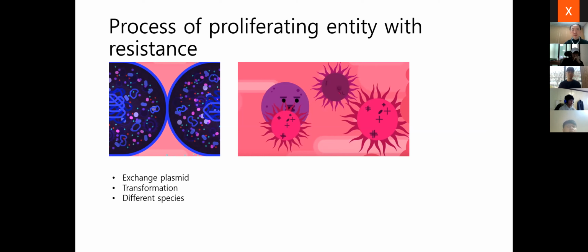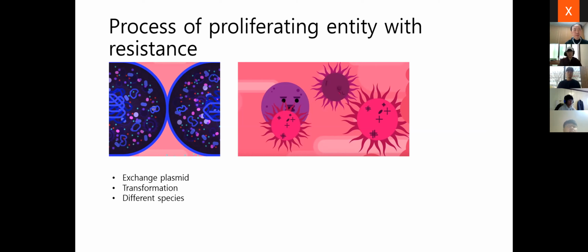And the second one is transformation, and transformation is the process that bacteria can get the DNA of dead bacteria and change their original DNA into that and keep it as their new DNA.